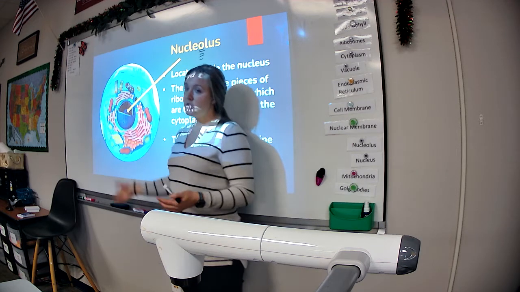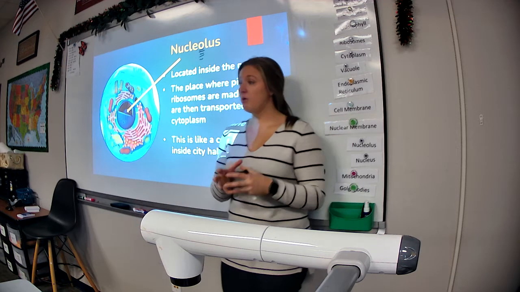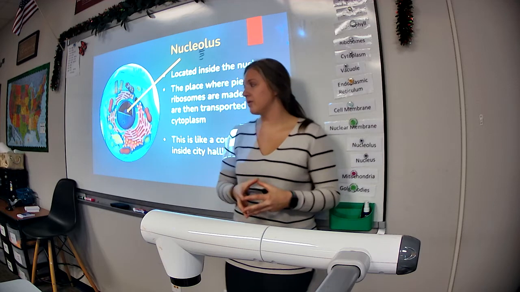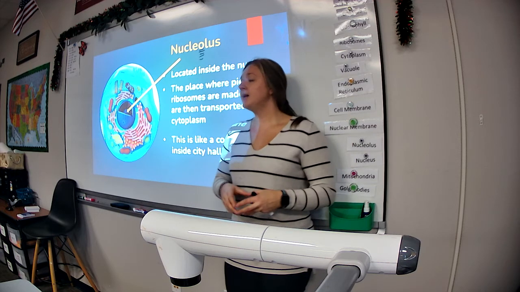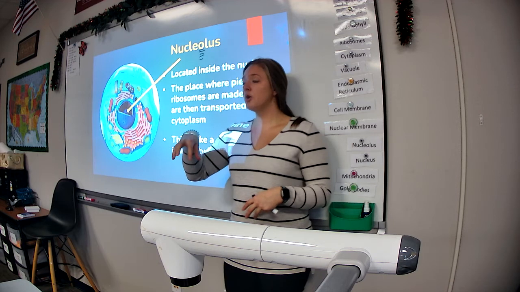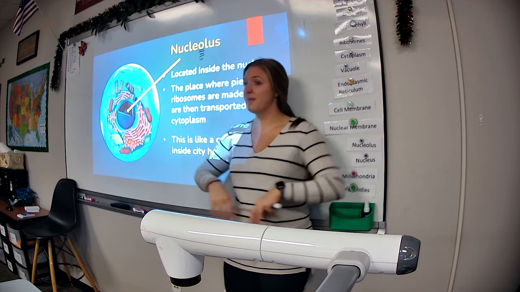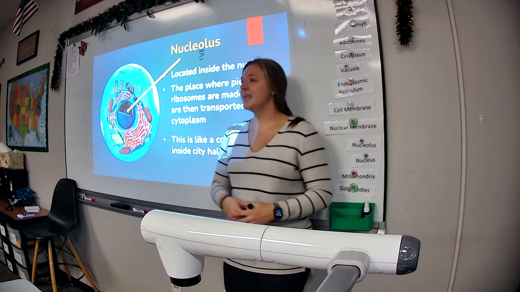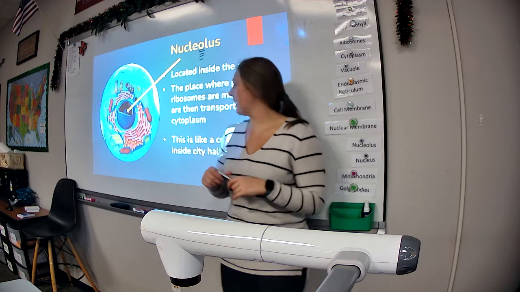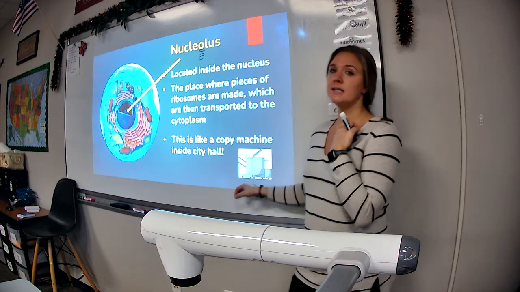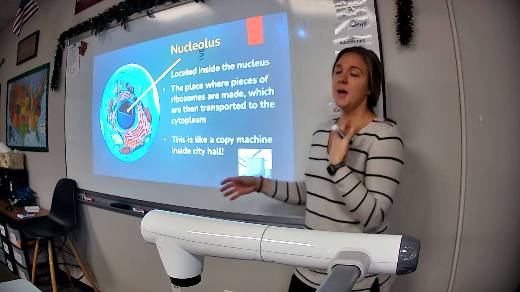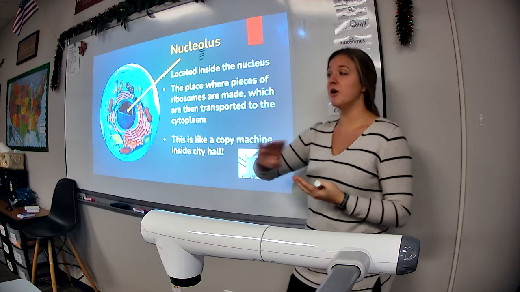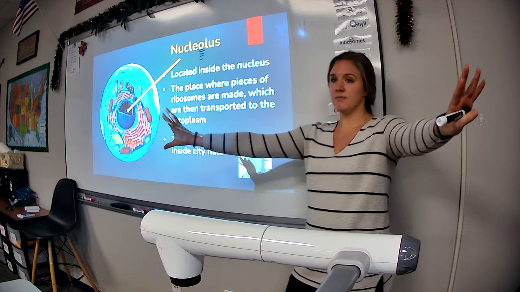So, again, we're thinking about the nucleus as like City Hall, or the Capitol building. Because the nucleolus produces ribosomes and sends them out of the headquarters, we say that the nucleolus is kind of like a copy machine inside City Hall, pumping out copies of ribosomes and sending them out to the rest of the cell.